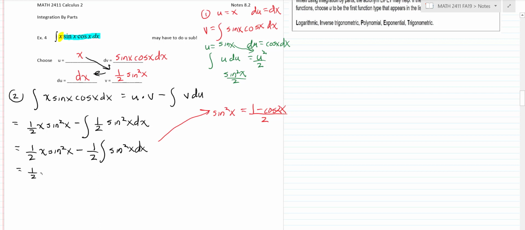I'll bring this down. That's 1/2 x sine squared x minus 1/2, and I'll just break this up. I'll do the integral of 1/2 minus 1/2 cosine of 2x dx like that.